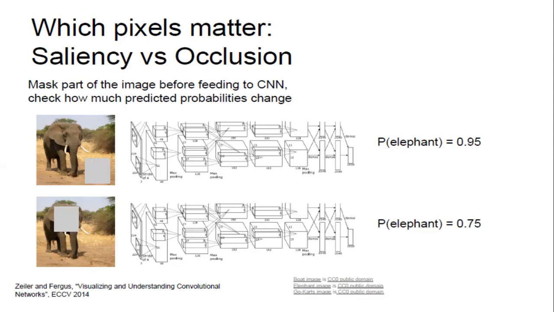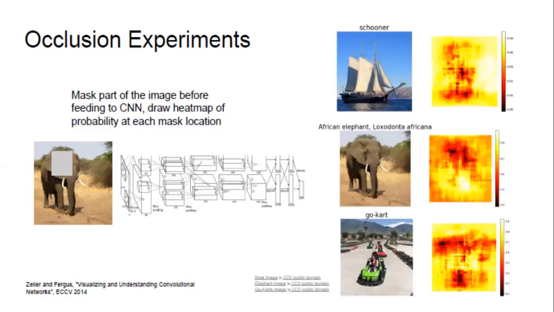For example, if the probability without any occlusion is 0.96, and I occlude this region, its importance is 0.96 minus 0.95, which is 0.01. For this other region, it is 0.96 minus 0.75, which is 0.21. Like that, I can characterize the importance of different regions by sliding the occlusion patch, and that can be shown as a heat map as well.